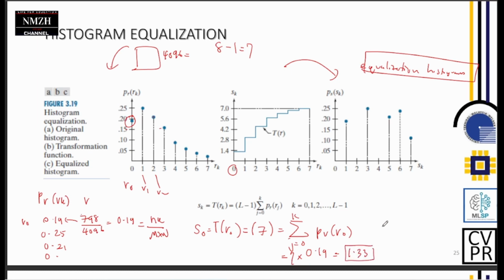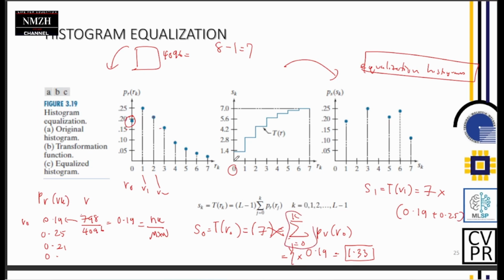Okay. So then we need to find S1 equal, okay, this one is multiply 0.19 plus 0.25. Okay, because of the sum, guys. So meaning K now is 1.